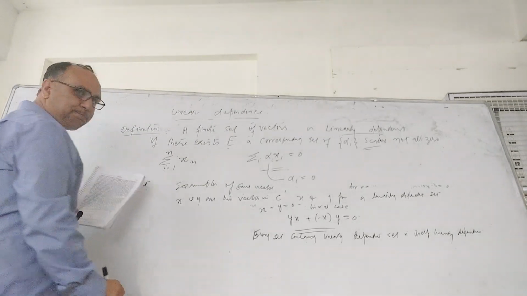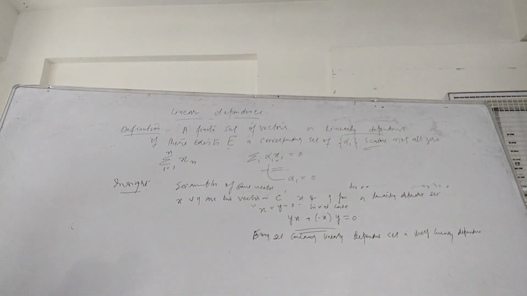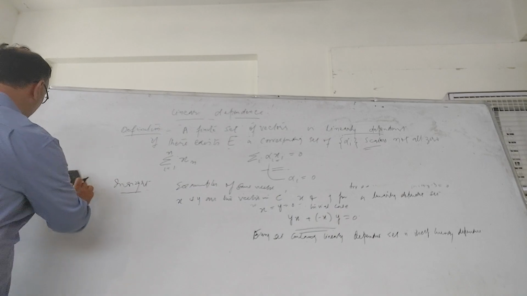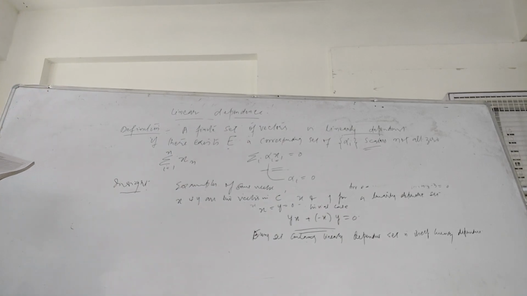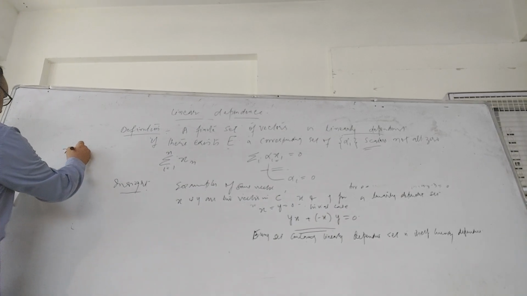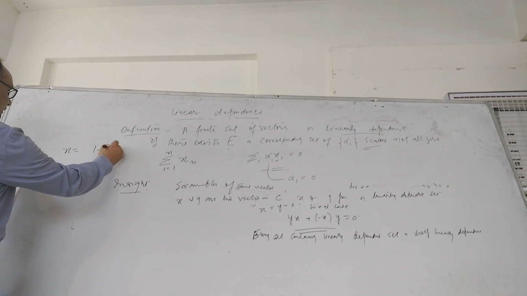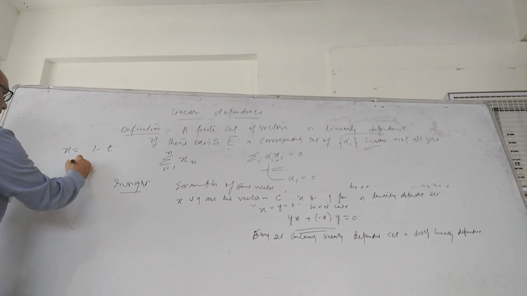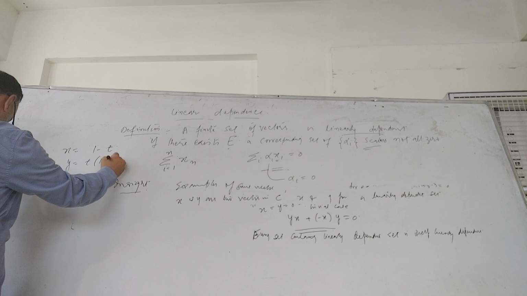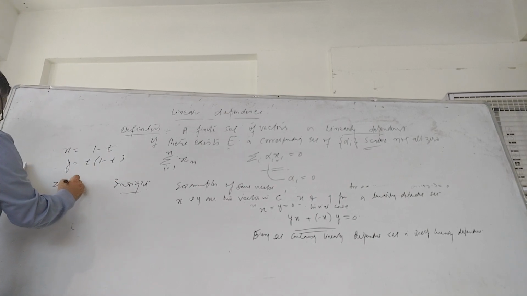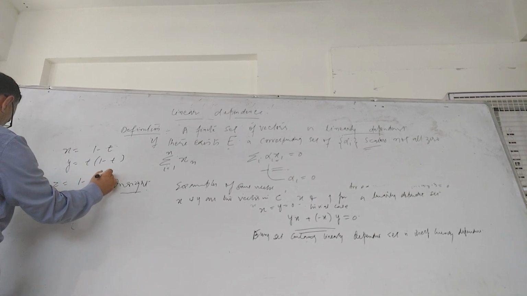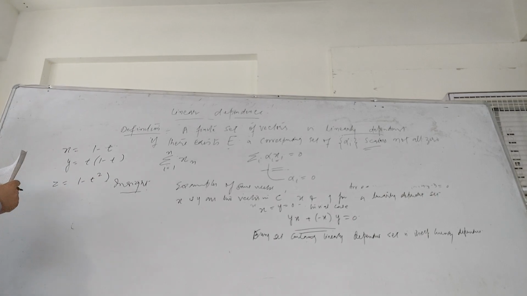For example, if we take x as 1 minus t, y as t times 1 minus t, z as 1 minus t square, you can construct n number of equations.